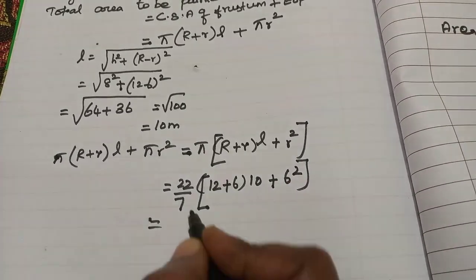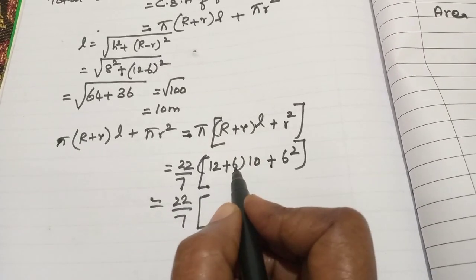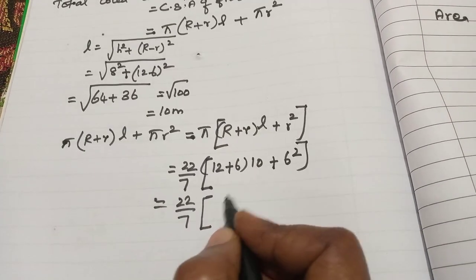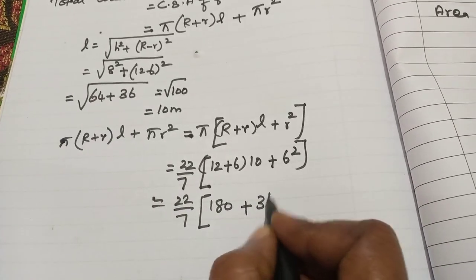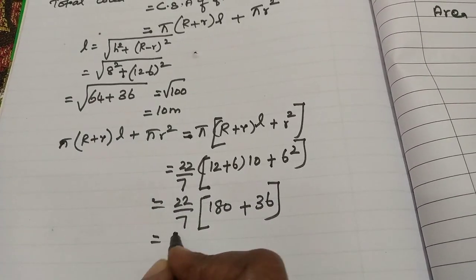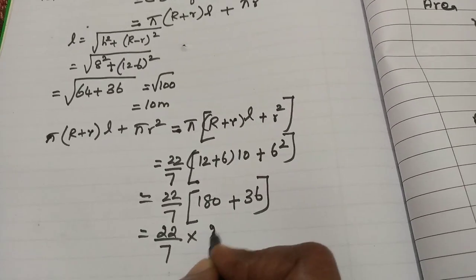That is 22 by 7 into 12 plus 6 is 18, 18 into 10 is 180, plus 6 square is 36. Adding both values, you get 260.